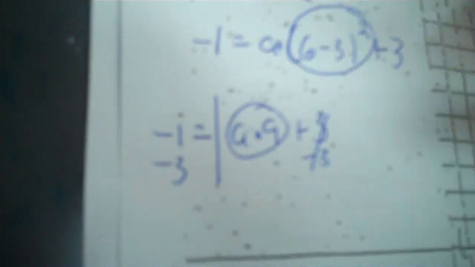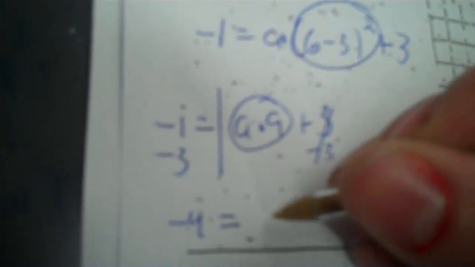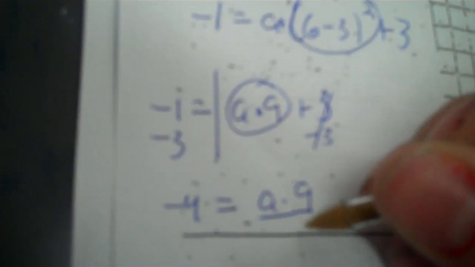So you take out the plus 3 with minus 3. It's negative 4, and you divide by 9. Negative 4 divided by 9, I do not want that nonsense. Write it as a fraction, negative 4/9. That's your a.